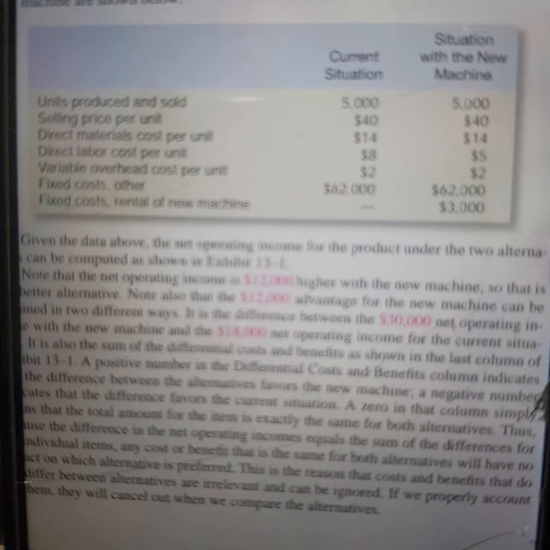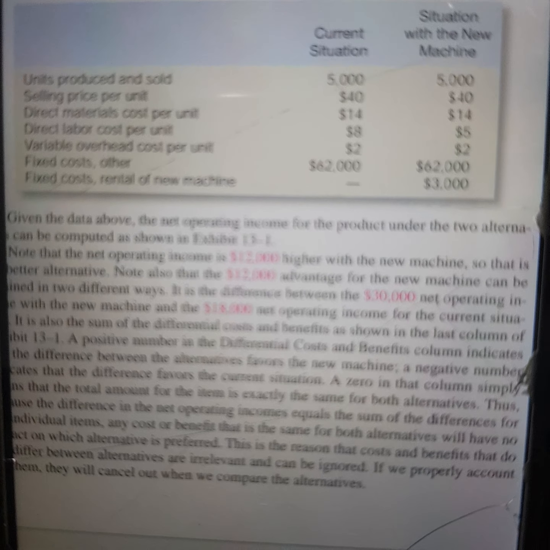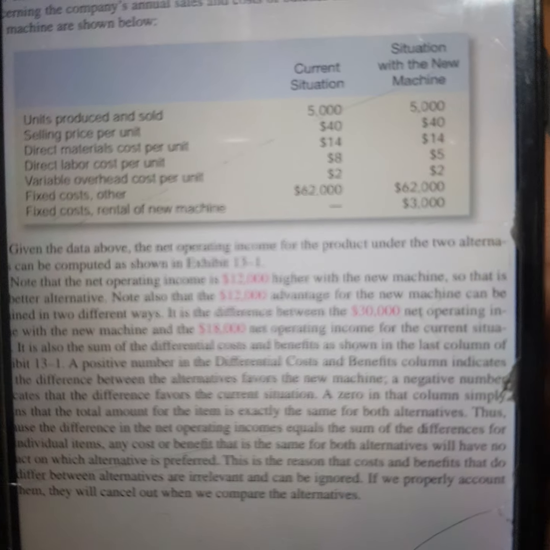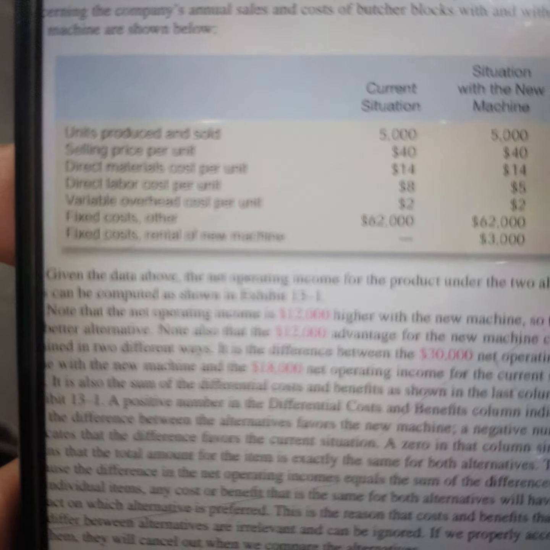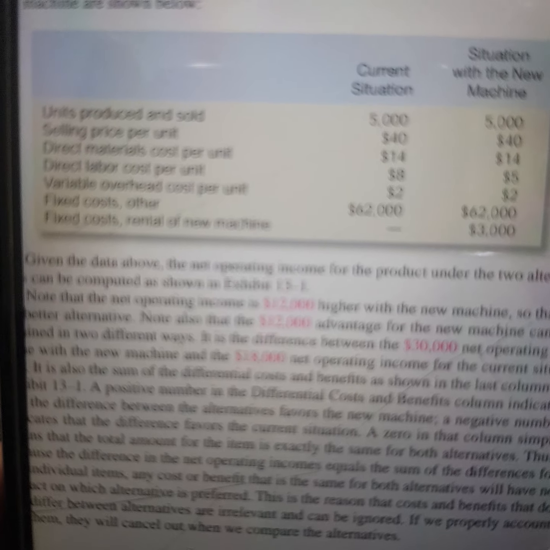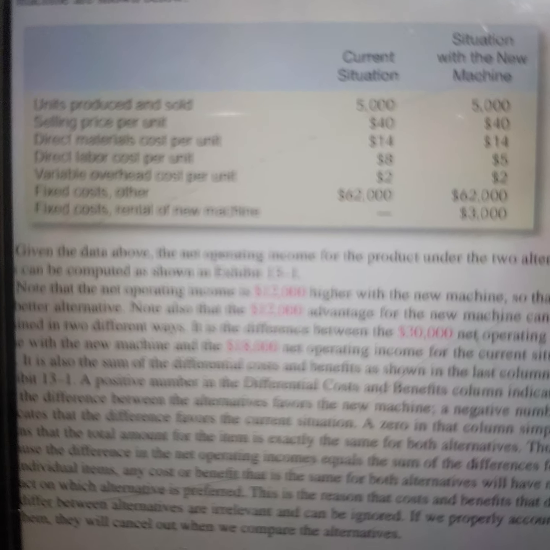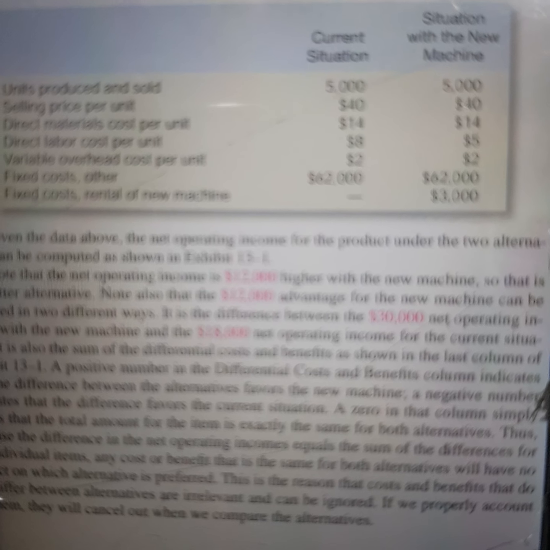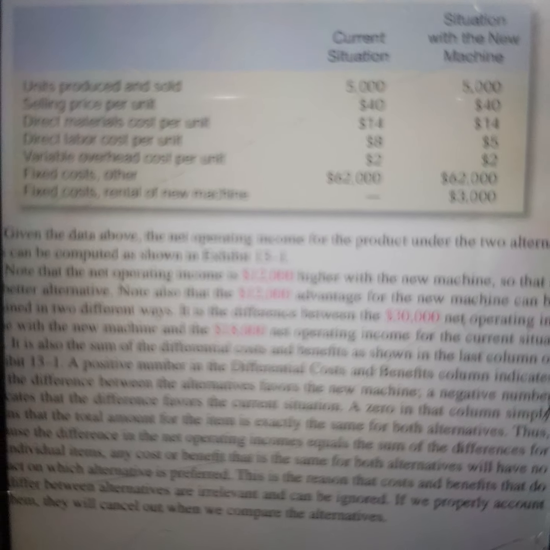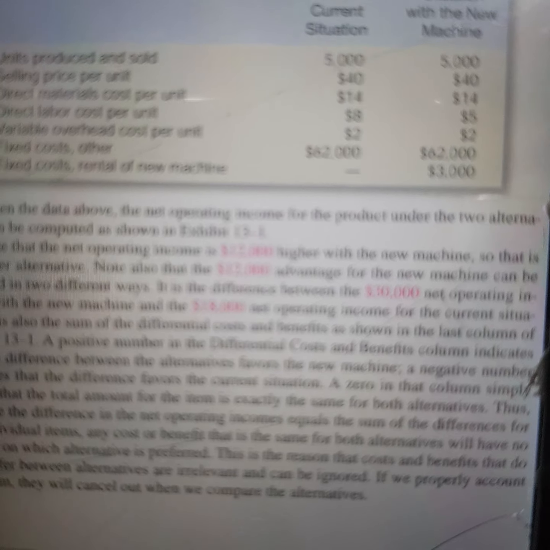Like if the company is calculating the cost, the units produced and sold are 5,000 in the current situation, and in the situation of new machine the selling price per unit will remain the same in both cases.